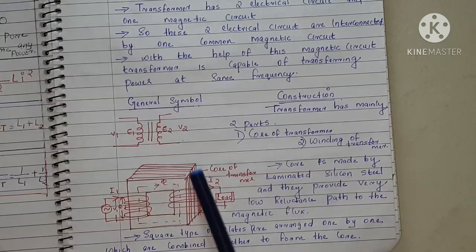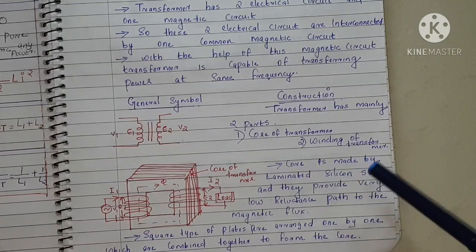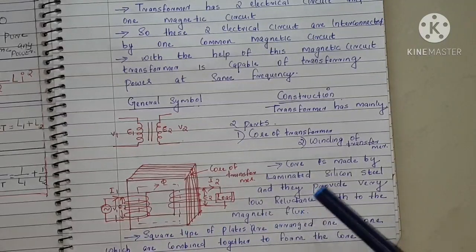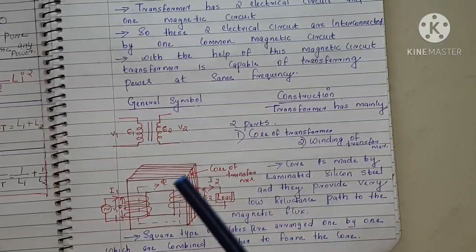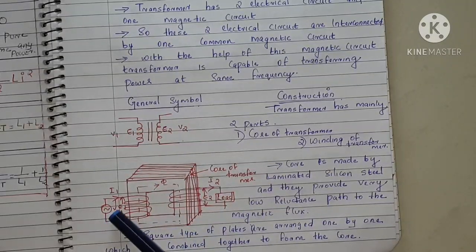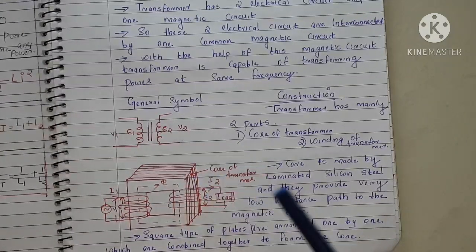This core of the transformer is made of laminated silicon steel, and it provides a very low reluctance path to the magnetic flux. That is, using this laminated silicon steel, the complete flux from the primary winding gets transferred to the secondary winding.